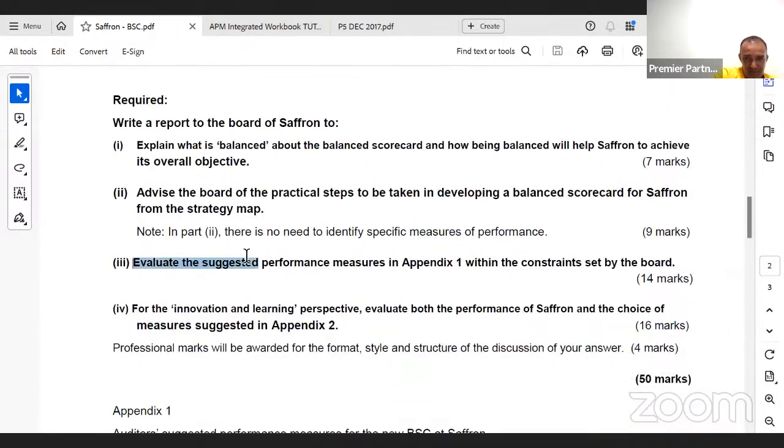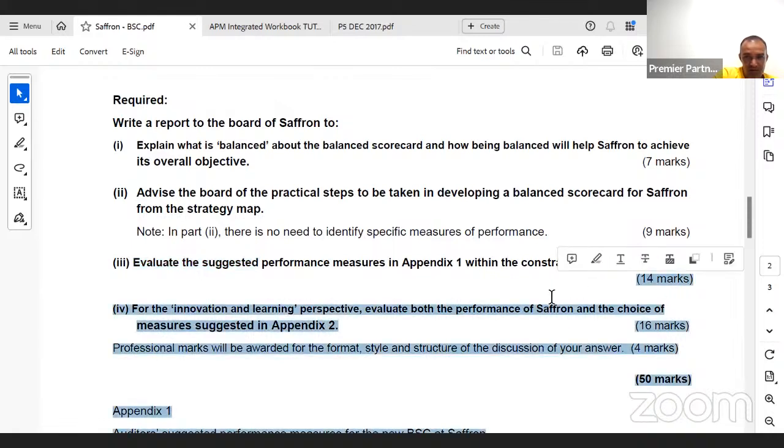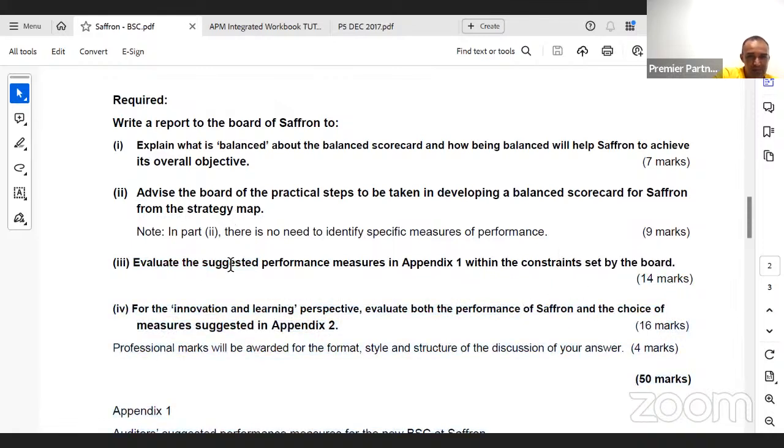Evaluate. Now, see, 14 marks, 12 marks. Evaluate suggested performance measures in Appendix 1 within the constraint set by the board. Tell me what the constraint is. What is the constraint?